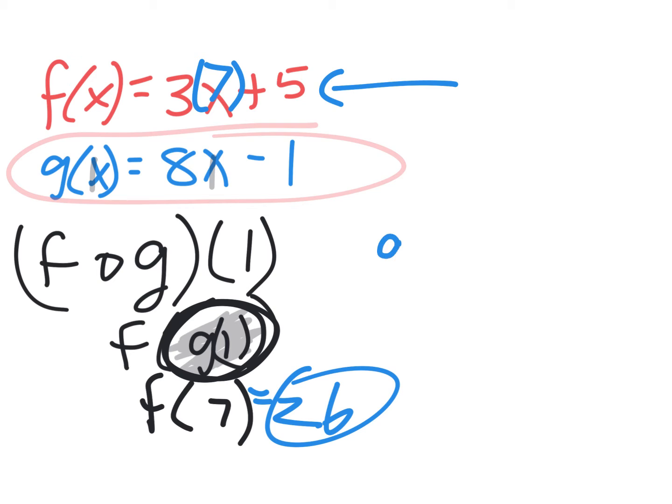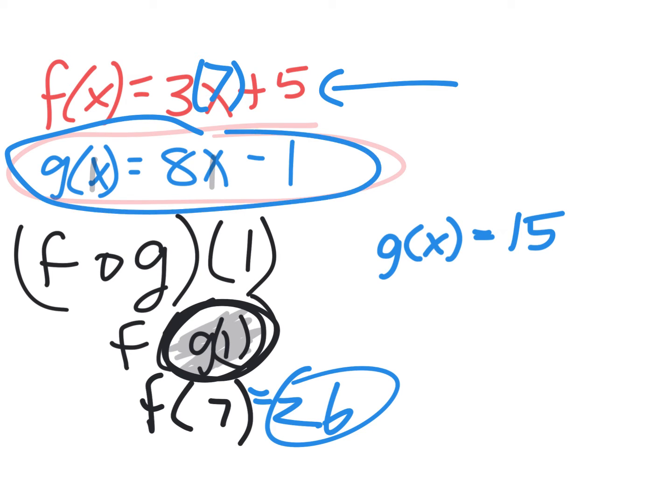What if I say g of x is 15? But I already said g of x is this. Then you use substitution and you figure it out. You got 2 things that g of x equals.